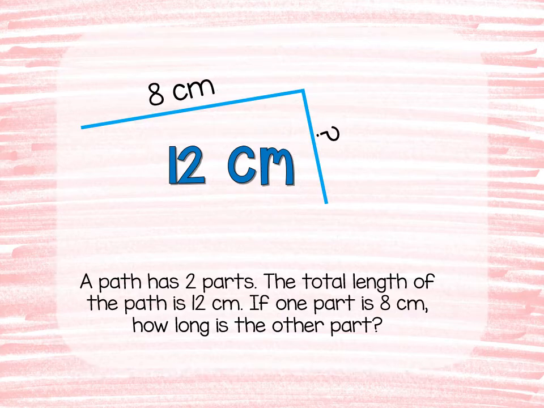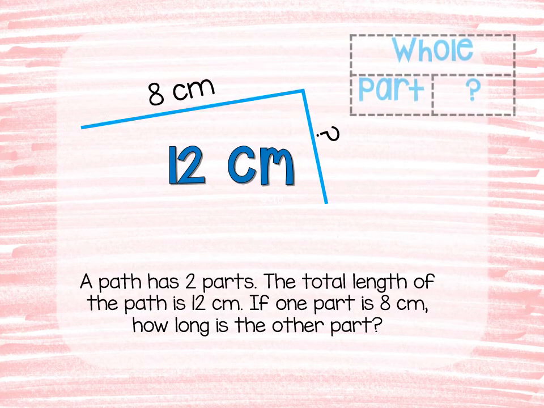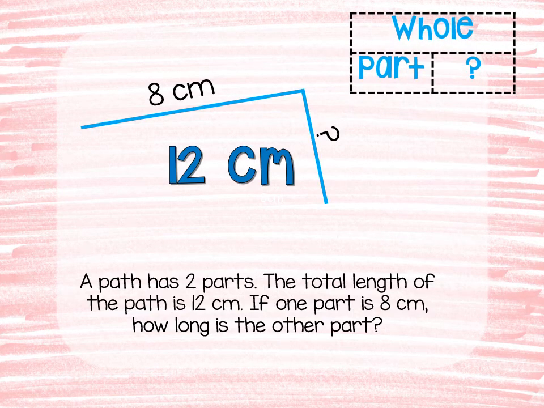Well, remember this? We talked about this in class also when we were working on problem solving. In this case, we have the whole. Our whole is 12. We have one of the parts. One of the parts is 8.